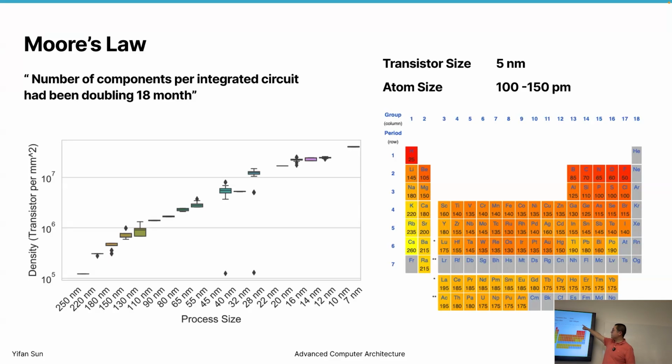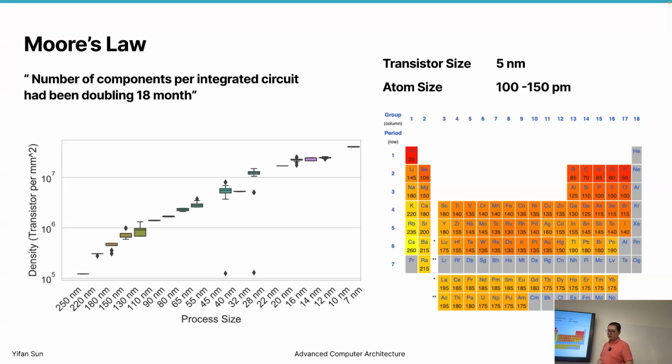So if you compare with atom size, how large is the atom, it is typically 100 to 200 picometers, right? A picometer is one level below, so a 1,000th of a nanometer. So if you consider those are tens to hundreds of atoms per transistor, that's it. So it's pretty much atom level control.